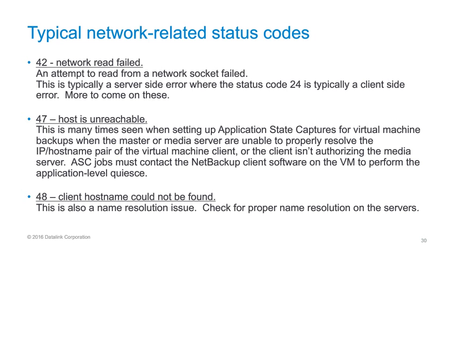Typically these come from application state captures where the media server couldn't contact the NetBackup client on the virtual machine, either because of hostname resolution or maybe because the NetBackup client services on the virtual machine aren't authorized. The media server is not authorized to access that. Those are two things to check for that.